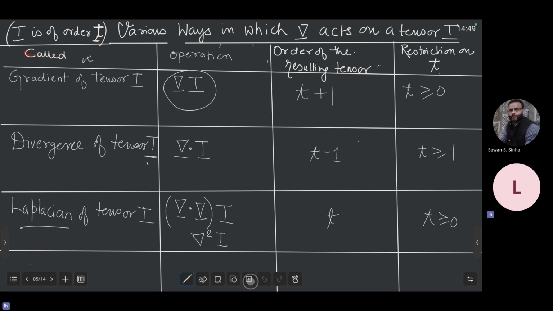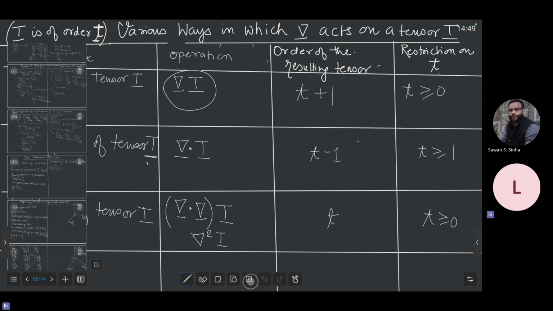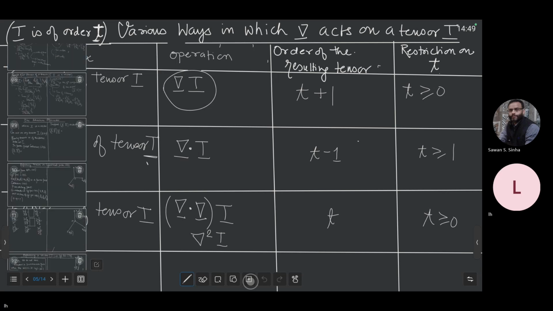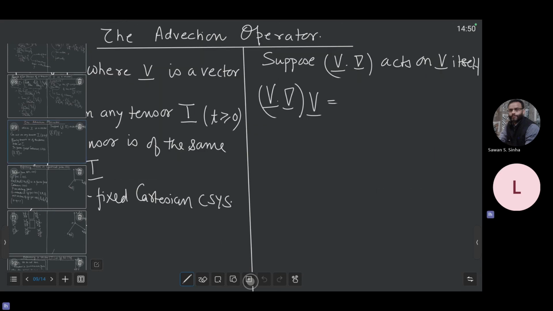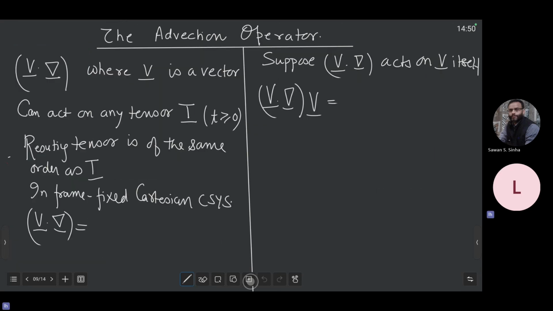Now there is one more way in which the nabla operator or the del operator will come in front of us later, and that is through what is called the advection operator. The advection operator is defined in this manner: V dot del, where V is a vector. It can act on a tensor of any order greater than or equal to 0, and the resulting tensor is also of the same order.